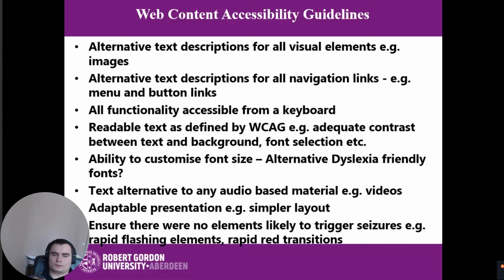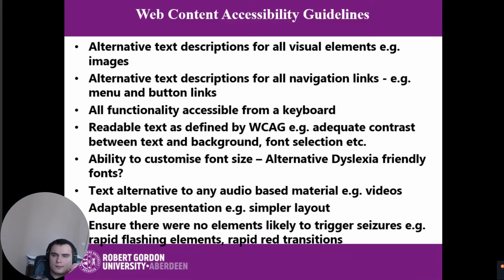This is the sort of bare minimum that you would want to look at when it comes to accessibility guidelines. Okay? You want alternative text descriptions for the images. You want alternative text descriptions for the navigation links. You want all functionality accessible from a keyboard.